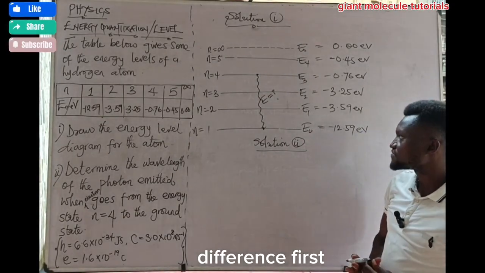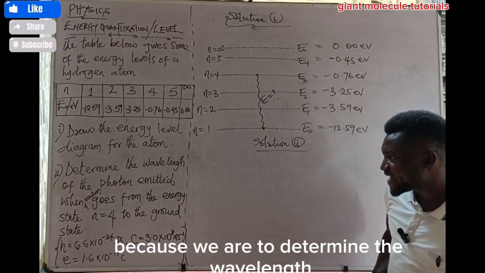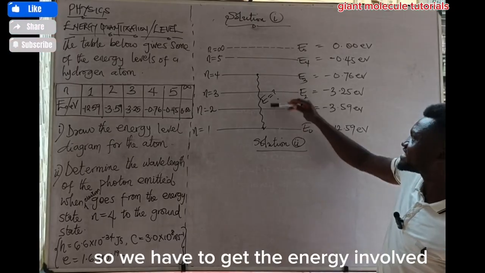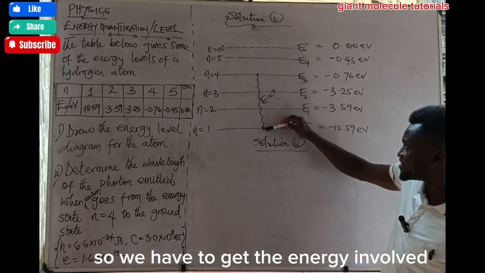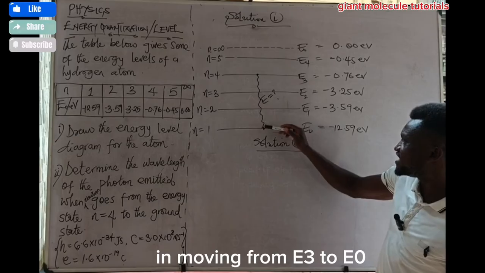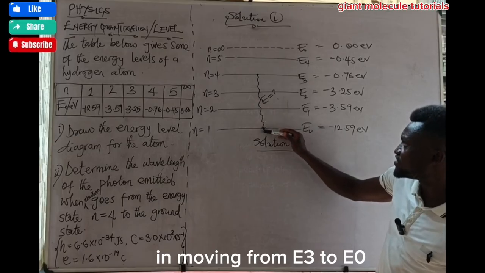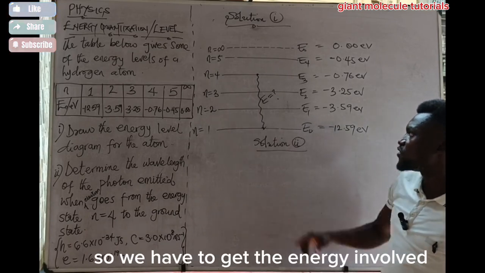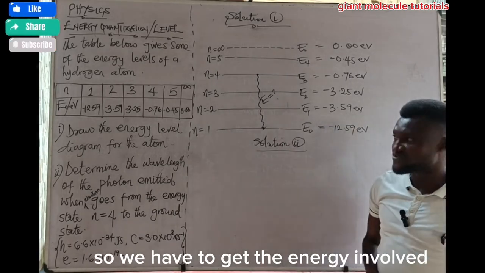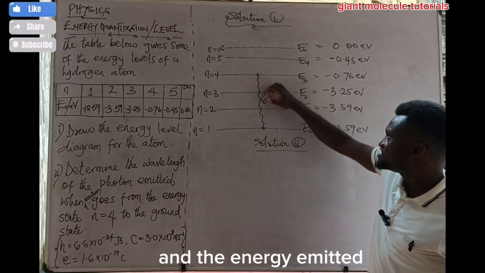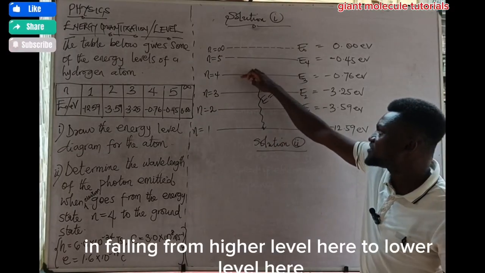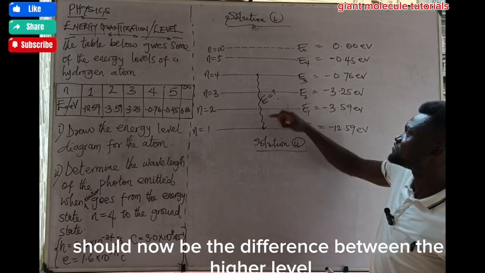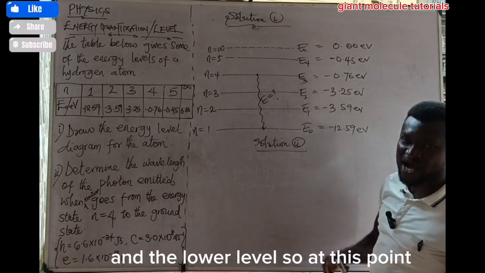difference first, because we are to determine the wavelength. So we have to get the energy involved in moving from E3 to E0, in moving from N4 to N1. The energy emitted in falling from the higher level to the lower level should be the difference between the higher level and the lower level.